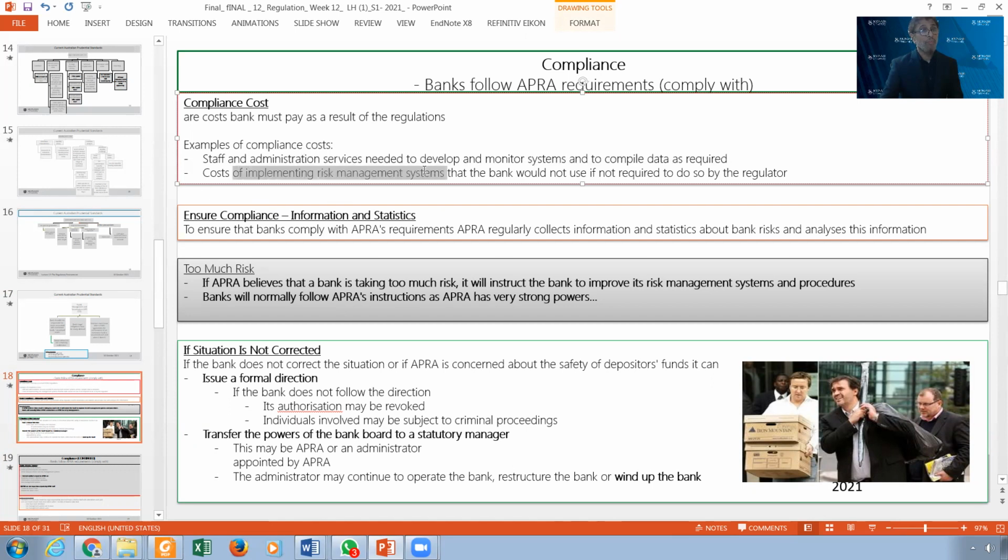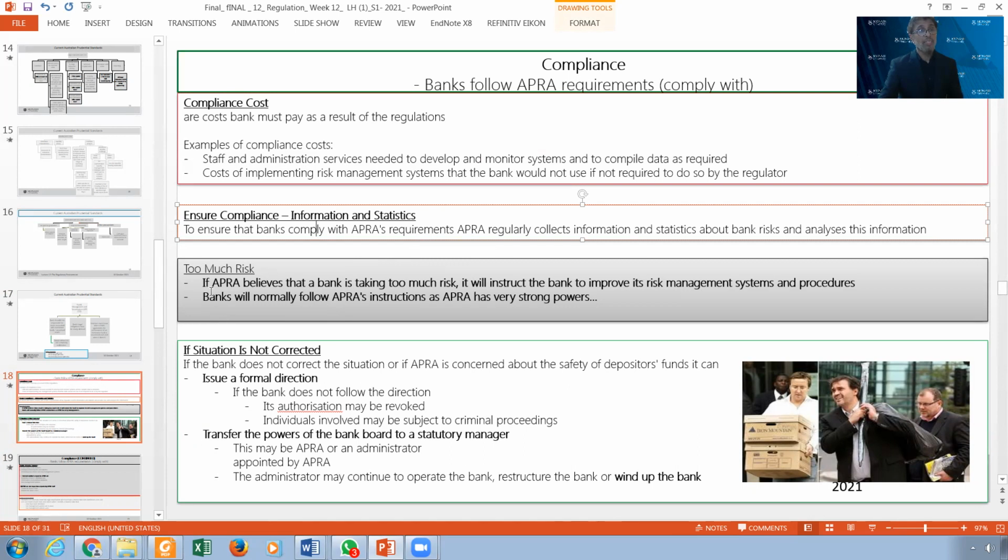You have the cost of implementation, and you have to ensure compliance with EBRA's requirements. Collect information and statistics. They can ask for it on a monthly basis sometimes, but of course they usually ask for it on a quarterly basis.